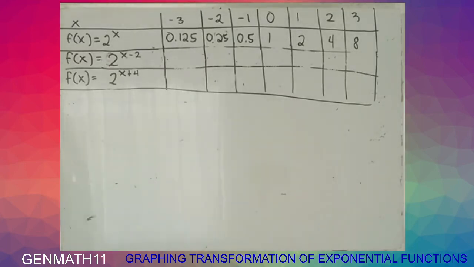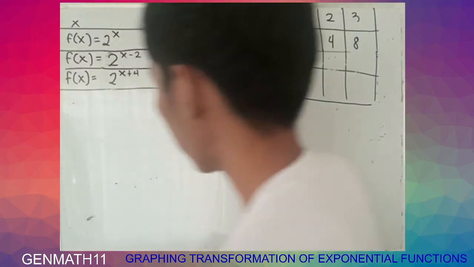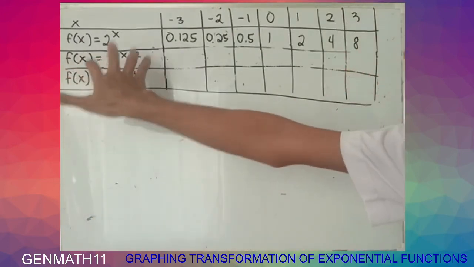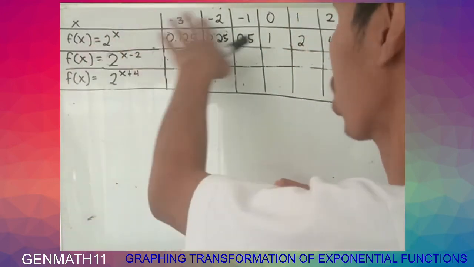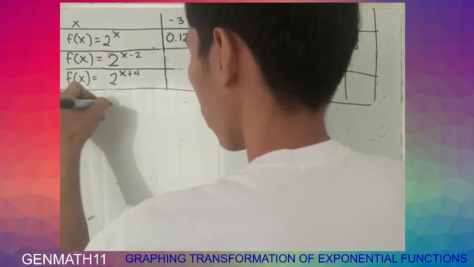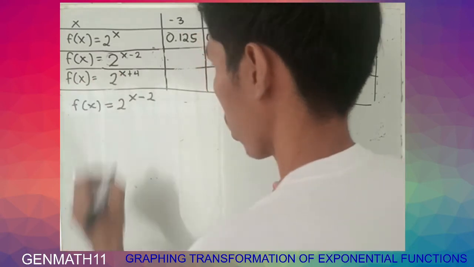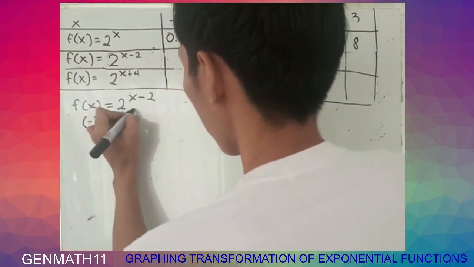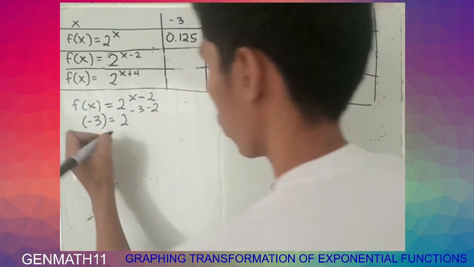Okay, next tayo. Hanapin natin yung value of y dito sa function natin, f of x equals 2 raised to x minus 2 power. Substitute lang natin yung mga values ng x natin. Ang unang value natin is negative 3. So, 2 raised to negative 3 minus 2.